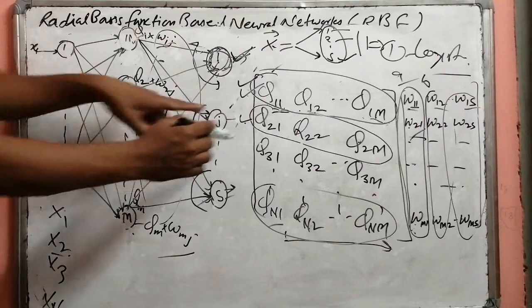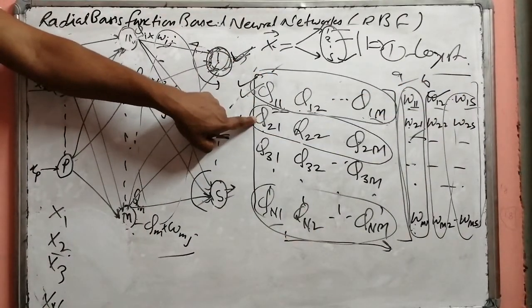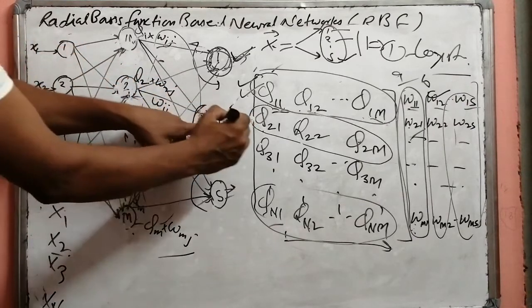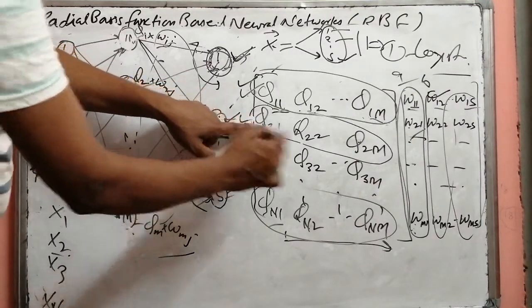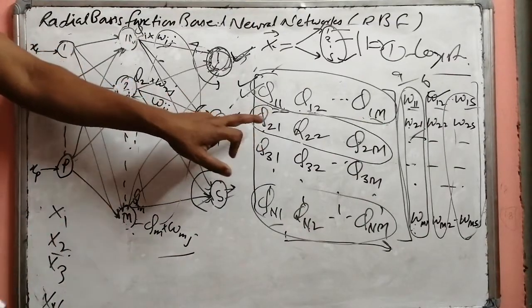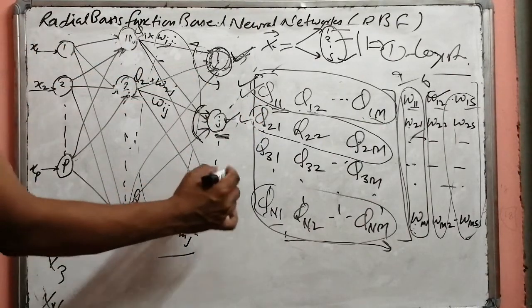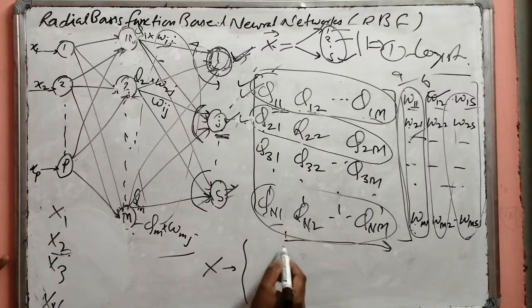When this row is multiplied by the second column, it gives the belongingness of the second pattern to class number 2. When this row is multiplied by the third or sth column, it gives the belongingness of this second pattern to class S. That is to say, for each pattern X, there will be certain belongingness to class 1, 2 up to S. They may be 0, 0, 0, 1, 0.